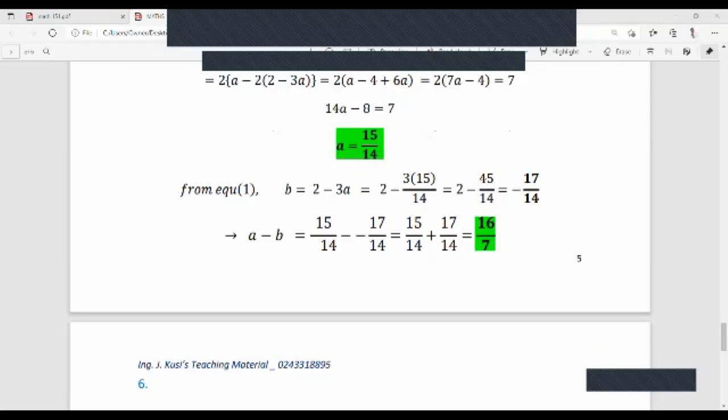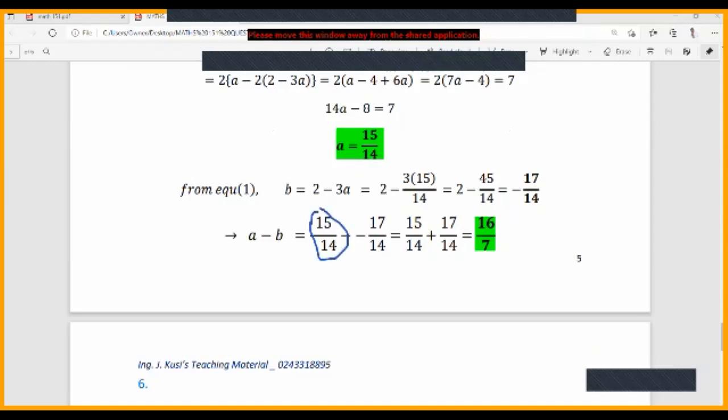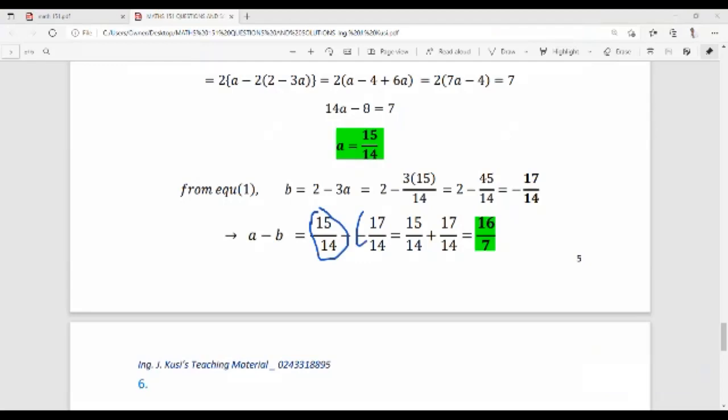So in looking for A minus B, you write your A, which is 15 over 14. Then you write your B, which is minus 17 over 14, and it's minus. Minus times minus will give you plus. So you maintain 14 and you add 17 and 15, and that will give you 32 over 14.